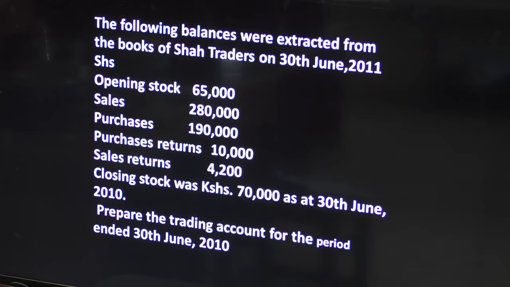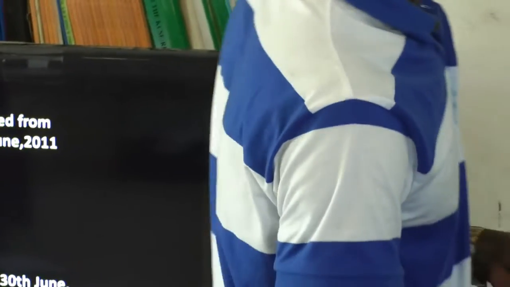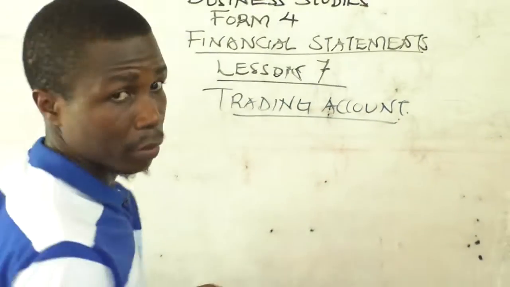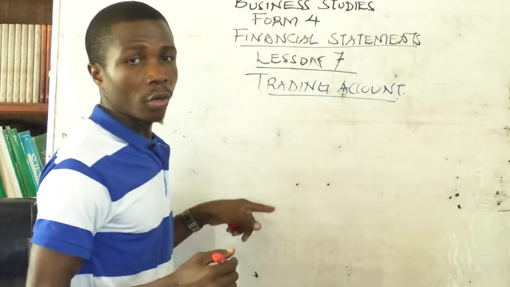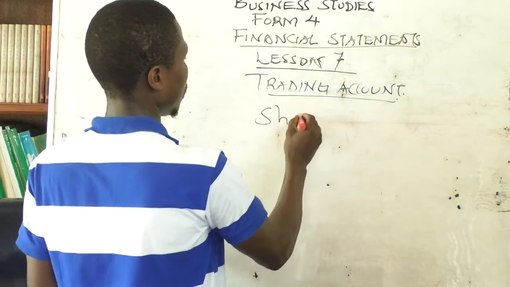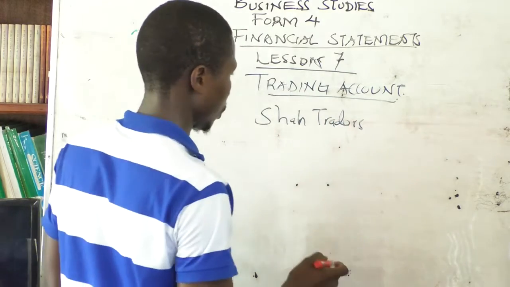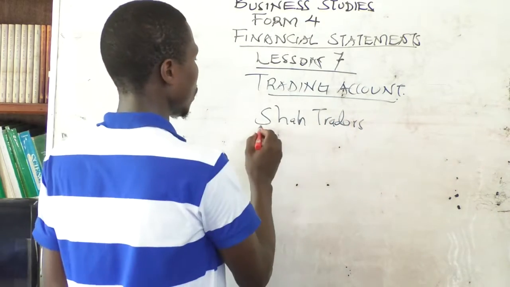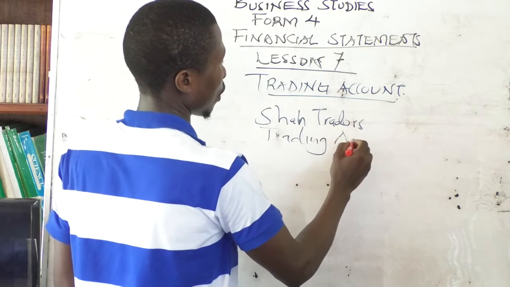So we are going to prepare a trading account. And how do we prepare a trading account? We start with the title. In the title we write the name of the owner of the business, so Share Traders. Then you say trading account, which is the statement.